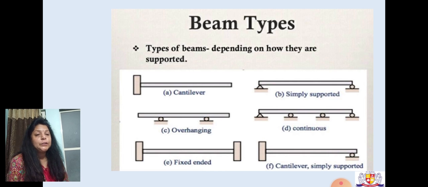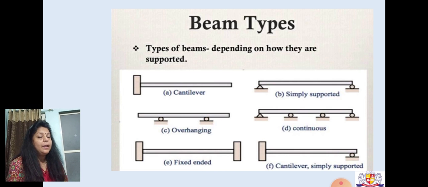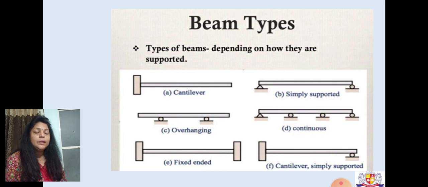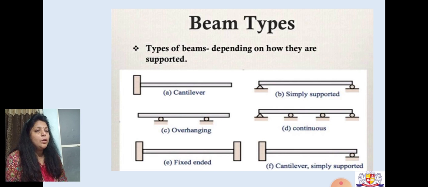When a structure is carrying much more load, then at that time, and one more point I want to add, when the length of the room is very big, for example a storage shed, there you cannot provide a room of 2 by 2 or 2 by 3 or 3 by 4 or 3 by 6 meters.